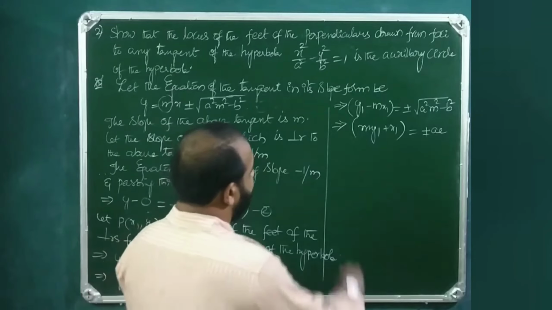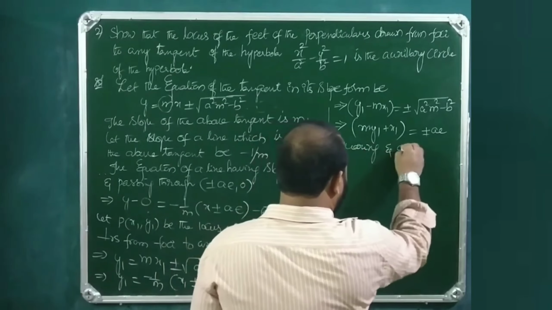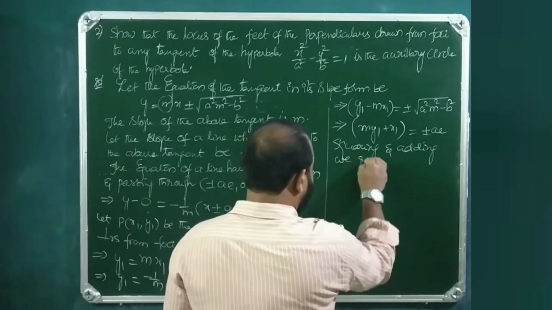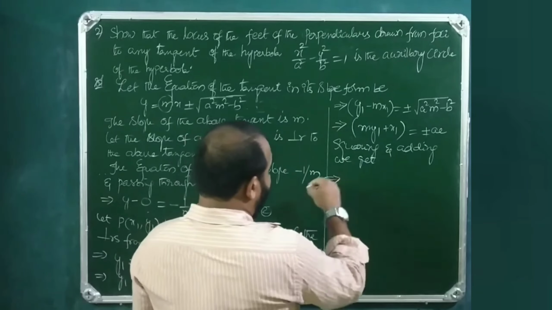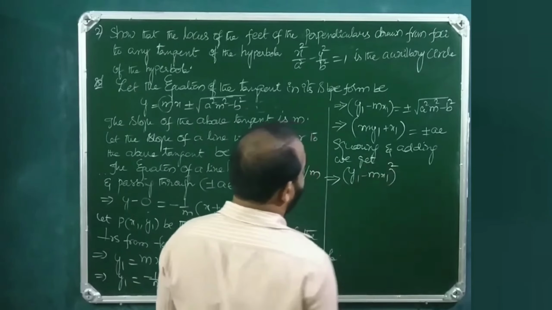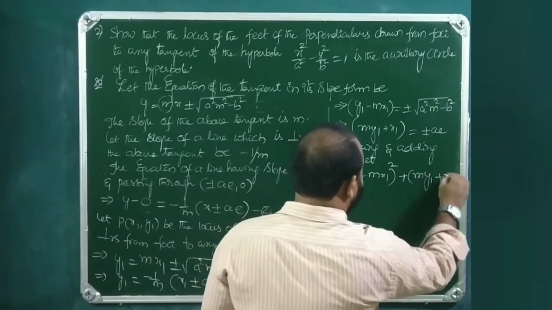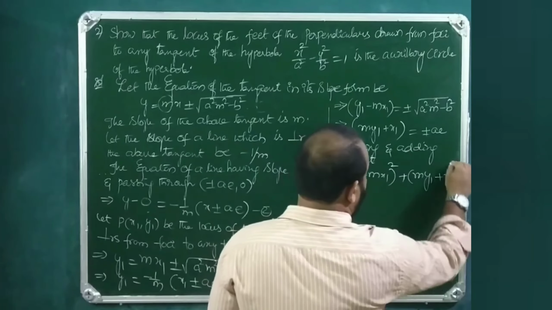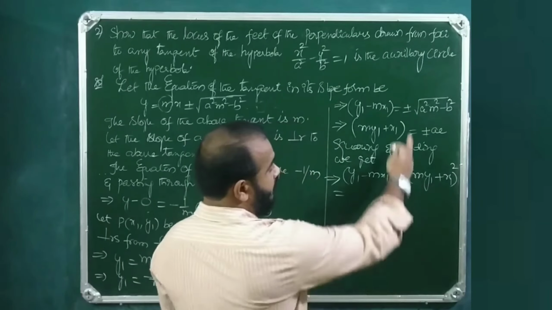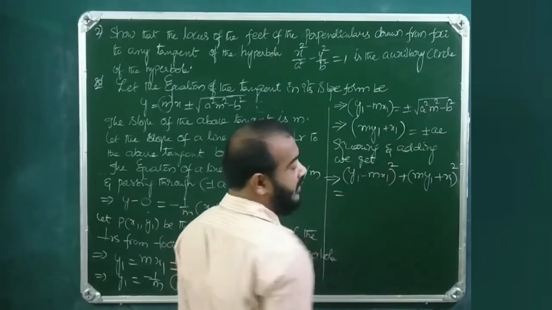Now squaring and adding, we get y1 minus mx1 whole square plus my1 plus x1 whole square is equal to, if we square, then the plus or minus whole square is plus, and the square root gets eliminated.